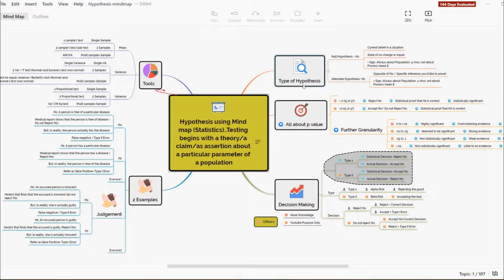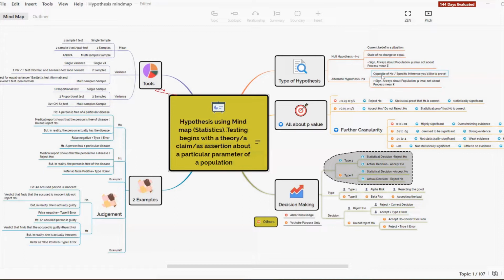There are two types when you do a hypothesis. One is null hypothesis, one is an alternate hypothesis. Null hypothesis is the current belief in a system, the current cycle time, current data, current belief, right? And the alternate hypothesis is the opposite of the null hypothesis, a specific inference you would like to prove.